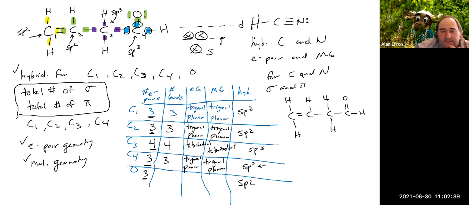So the question is, is the electron pair geometry always going to be the same as the molecular geometry? And the answer is no. It's the same in this case, in both of these cases. It happens to be the same for all of them here, because when you look at the central atom in each of these, there's only bonding electrons, so there's no dots.